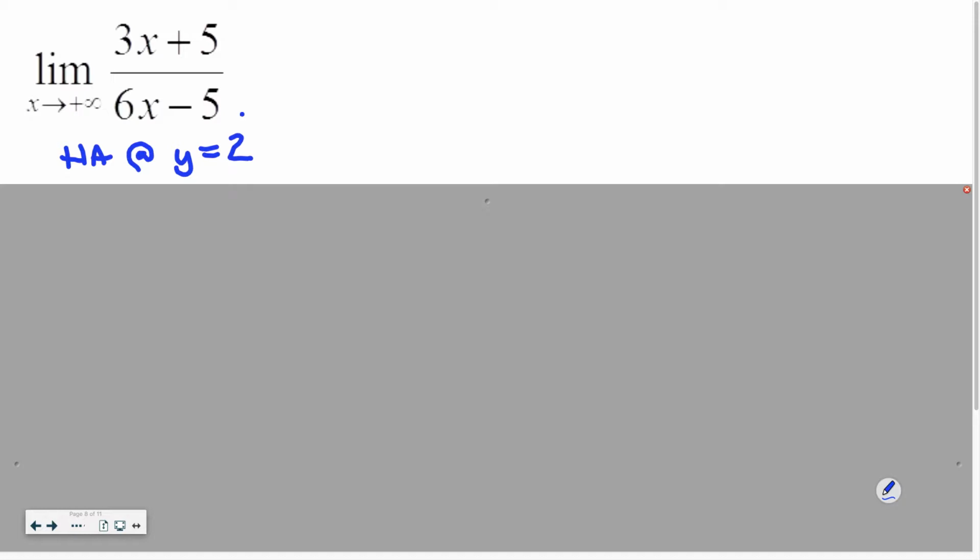Oh, I think it's 1/2. 3 over 6 reduces to 1/2. So if I'm asking you for the limit as x approaches infinity, then we know that our end behavior is going to approach our horizontal asymptote. Boom, no algebra.